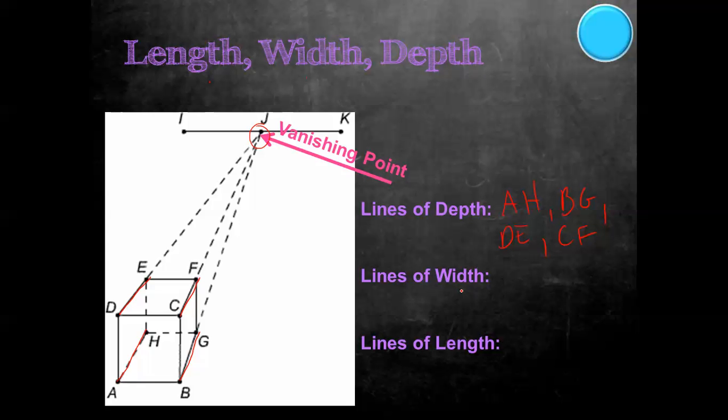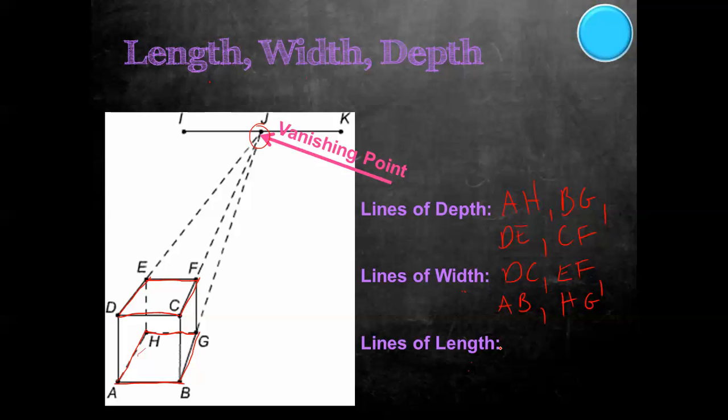Now, lines of width and length are not always defined. The only thing that's different about width and length is that they go different ways. So if you're given the width, then you know the length are the opposite lines. We're just going to say that the width here is line DC, that's one of the widths. Then we also know that EF is a width, and AB is a width, and HG is a width.